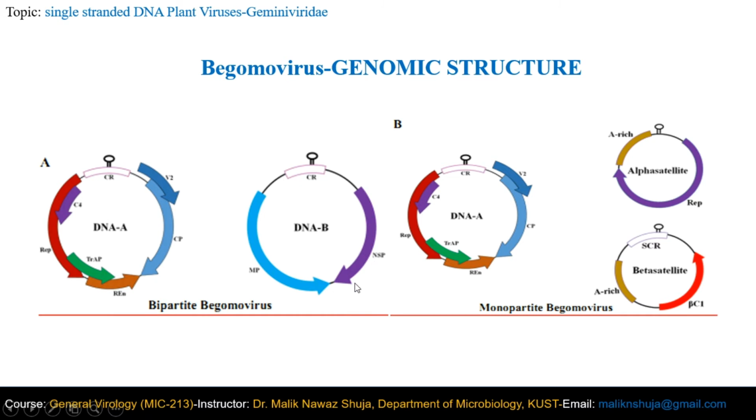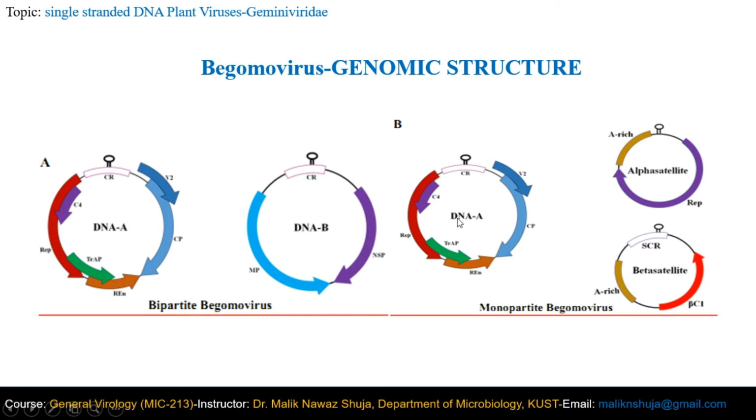One is the nuclear shuttle protein on the virion strand, while the movement protein is on the complementary strand of DNA-B. It should be noted that DNA-B is missing in case of monopartite. There is only a single component, which is homologous to DNA-A of bipartite Begomoviruses.